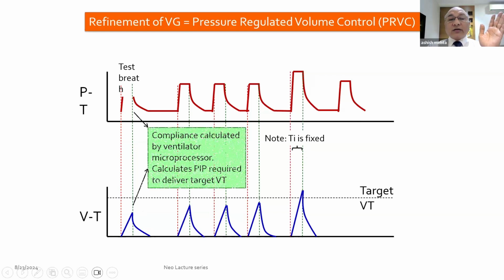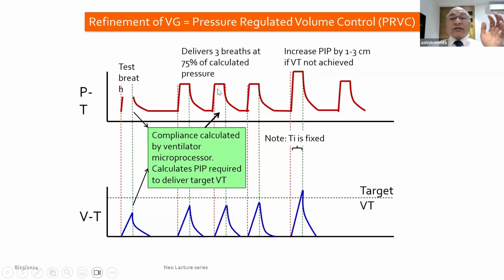You can see here that the microprocessor calculates the compliance and the PIP required to deliver the tidal volume. That is what is happening here. It delivers 3 breaths at 75% of the calculated breath, and it increases PIP by 1 to 3 centimeters if the tidal volume is not reached with this 75%.